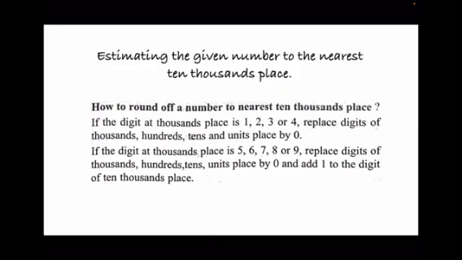If the digit at thousands place is 5, 6, 7, 8 or 9, replace digits of thousands, hundreds, tens, units place by 0 and add 1 to the digit of 10,000s place. Children, if you observe, it is very much similar to how we have solved the earlier problems. Now moving on to working out few examples in this regard.